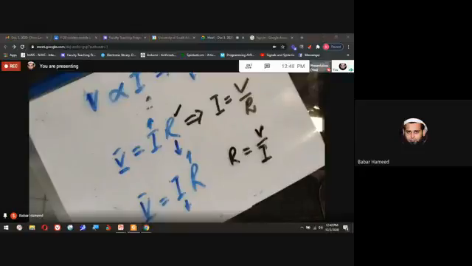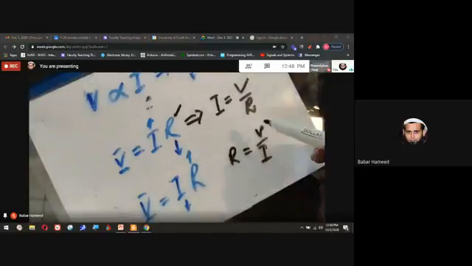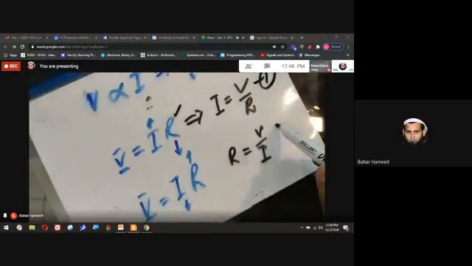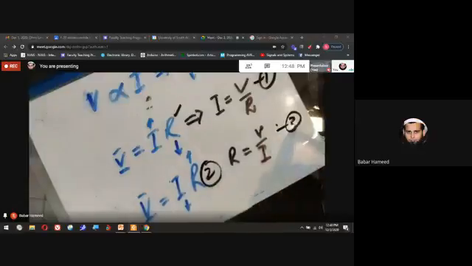Hope you understand that. So I can write these as equation 1, equation 2 and equation 3. With equation 2, we can calculate voltage if we know the values of current and resistance.